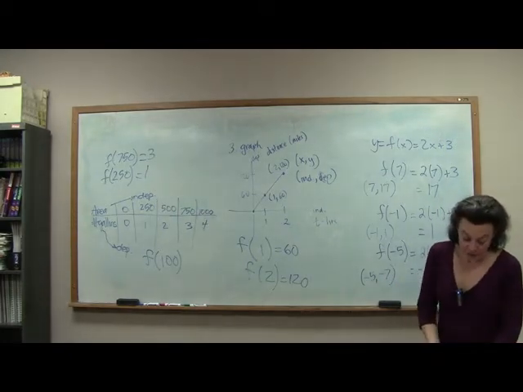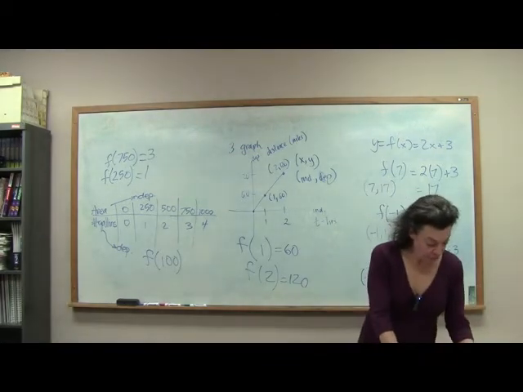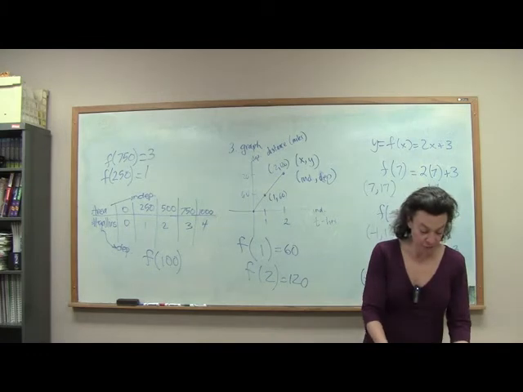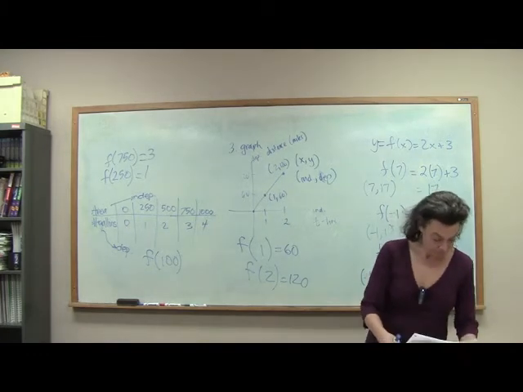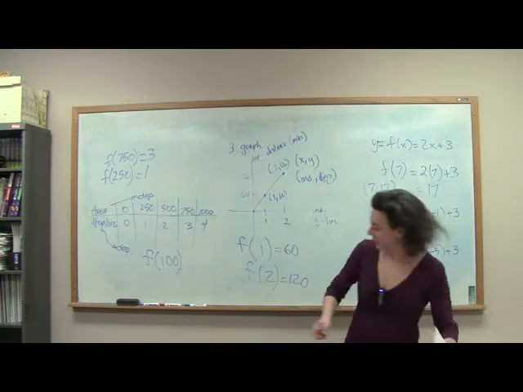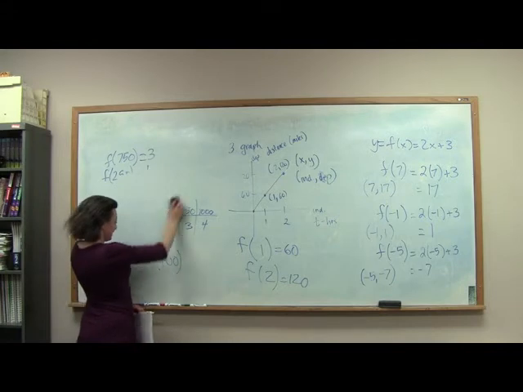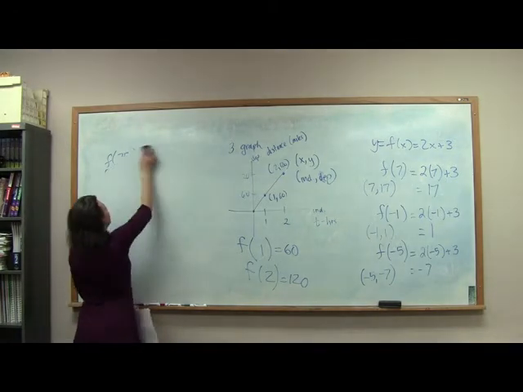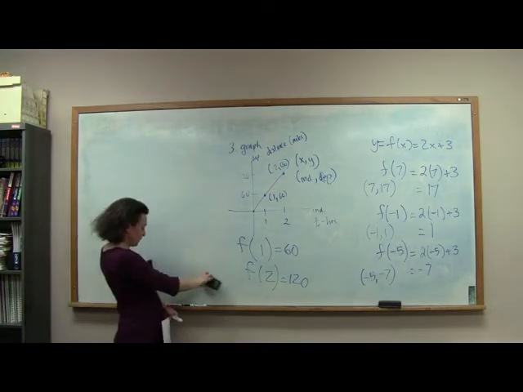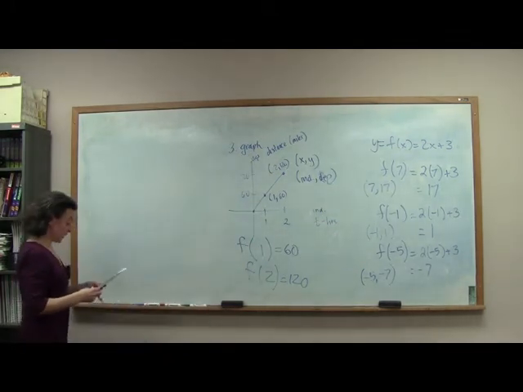All right, so that is a few examples. Let me go on and show you a couple more. But first, let me find the ones that I want to show you. Cool. All right, so let's do this one. Again, what I'm going to be doing is linking the graph with ordered pairs and our function notation.